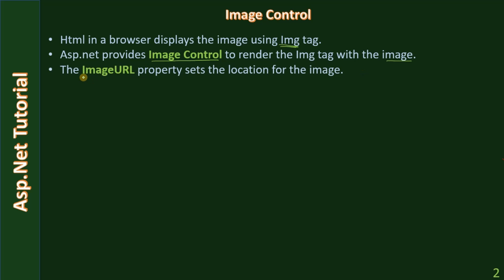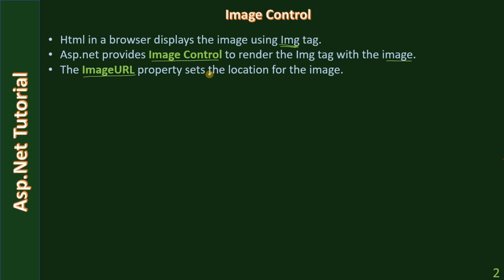The property here is ImageUrl in the image control. Once you set the location of the image to this ImageUrl property, when the ASP.NET server renders the image tag, it makes use of the specific attribute in the image tag to set the image location.